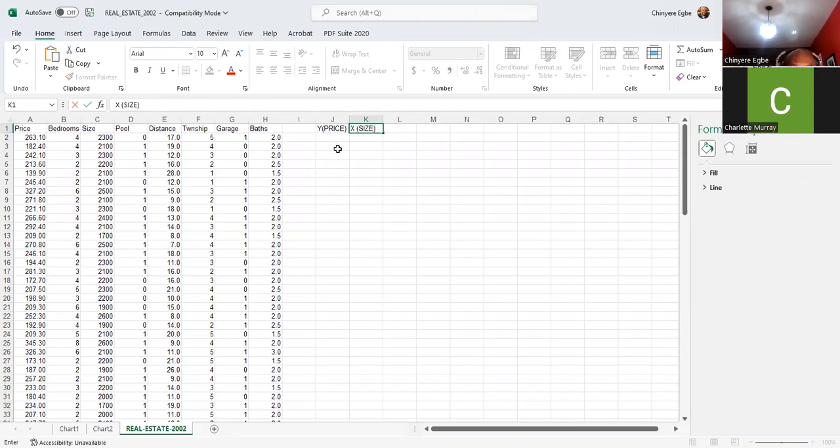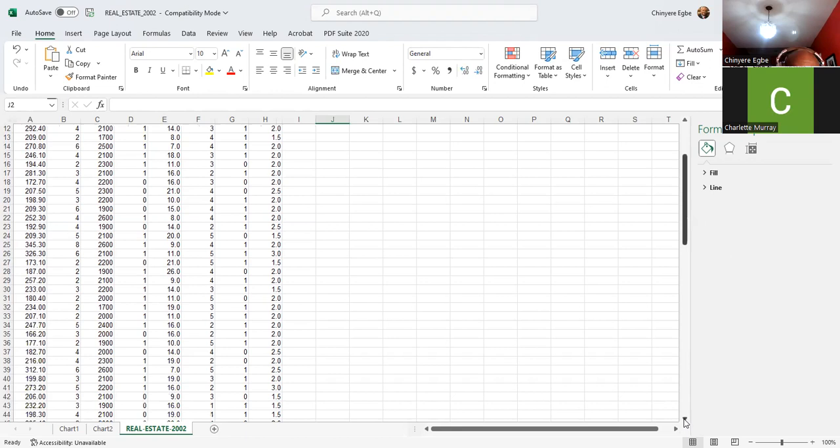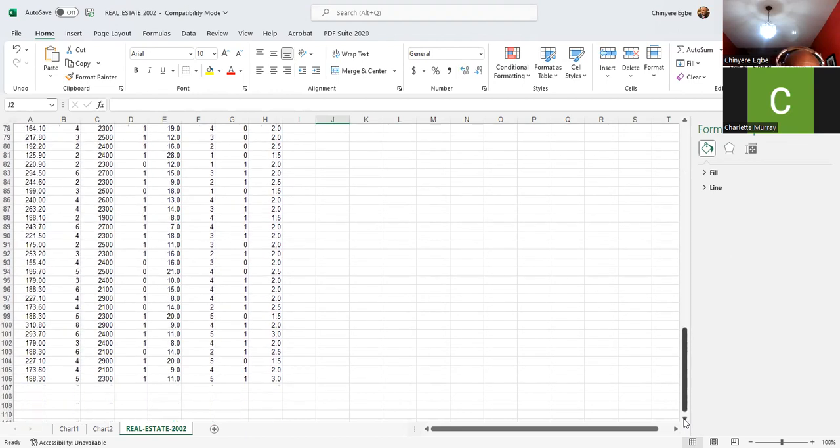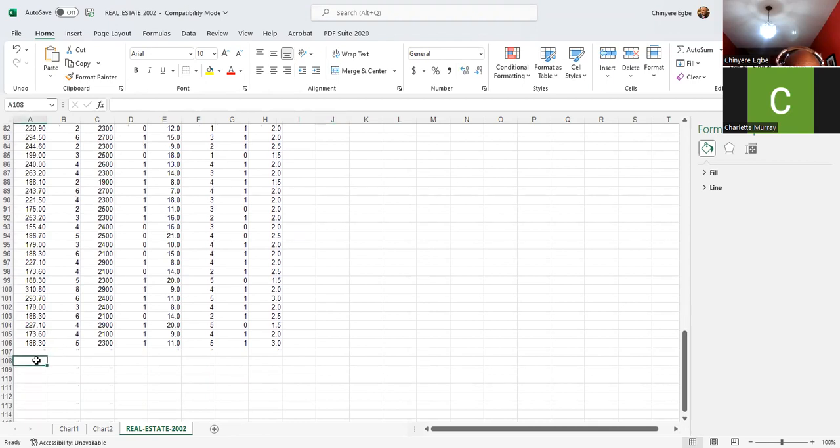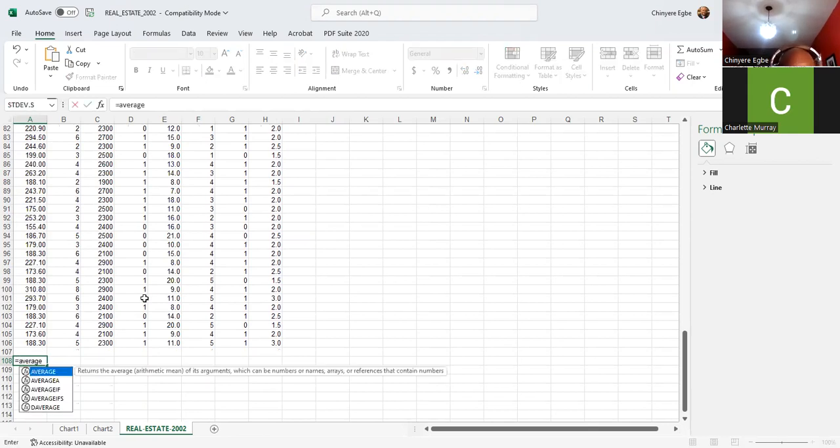All right, let's bear with each other. And so we calculate y bar, which is the average. So this is the average for y bar, equals average.